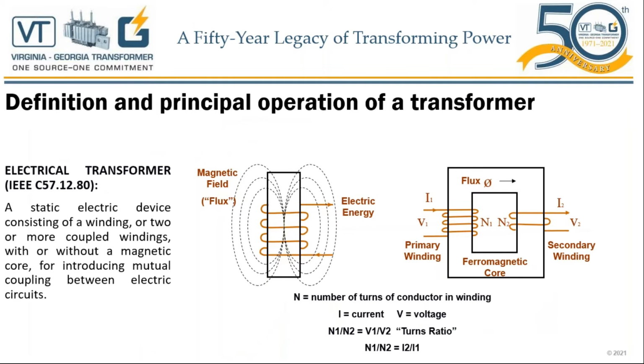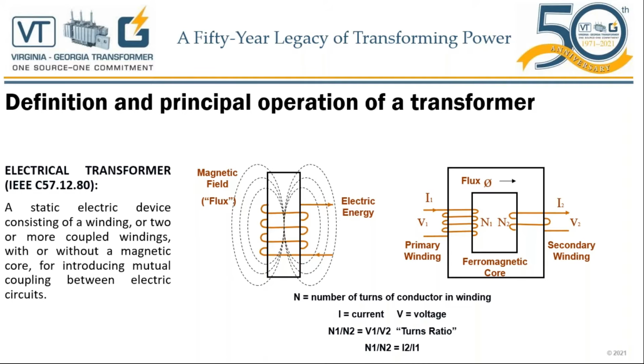Before we start getting into the details of transformer field failure modes, let's start simple. Let's really touch base with the definition of a transformer, starting with the IEEE standards definition.